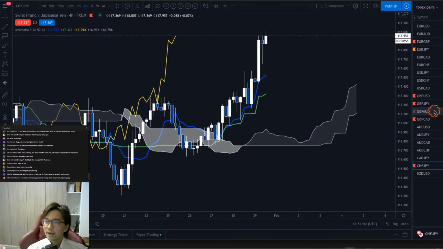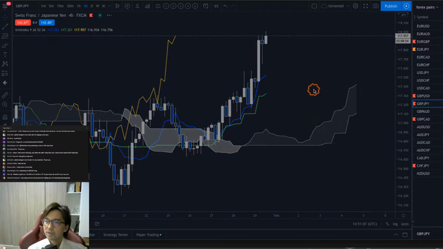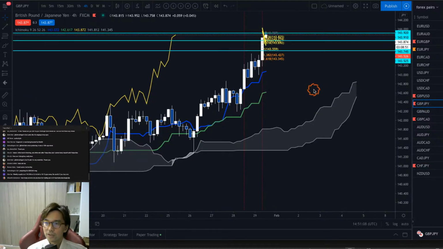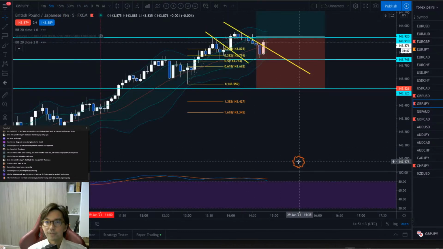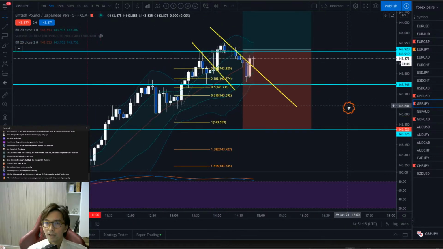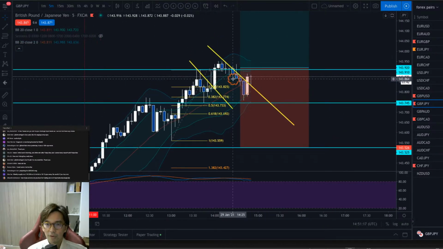So, let's see. Continuously focusing on the GBPJPY today as a topic. Looks like there is a candle trend line breakout now.